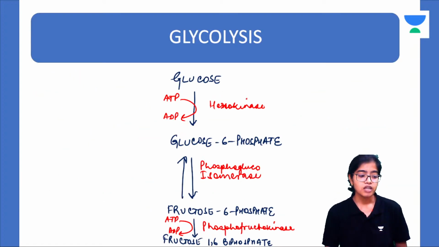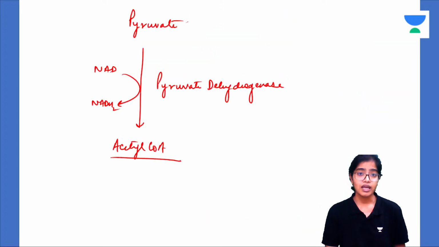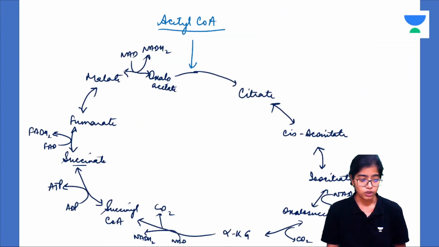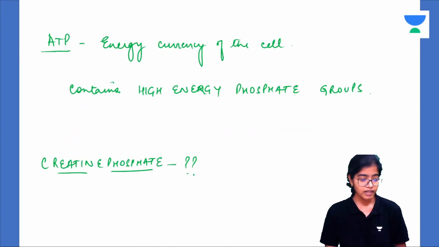Then yesterday we started with glycolysis. All of you, please remember the steps of glycolysis. We are going to come back to this again and again in tonight's session of gluconeogenesis. This was the Krebs cycle.